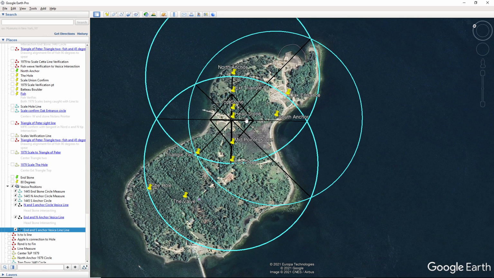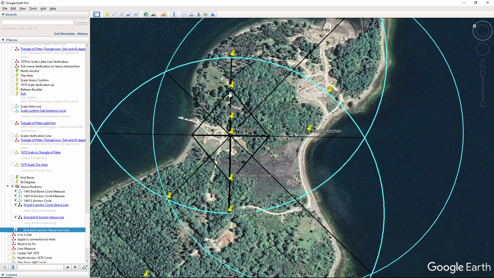You get Nolan's cross figured out by using the 522 measurement here and knowing to flip that over the mid-pointer stone to the extension triangle, and then extending it out to the north anchor with this measurement here. And it's all there in scale and in measurement distances that you can recreate this.